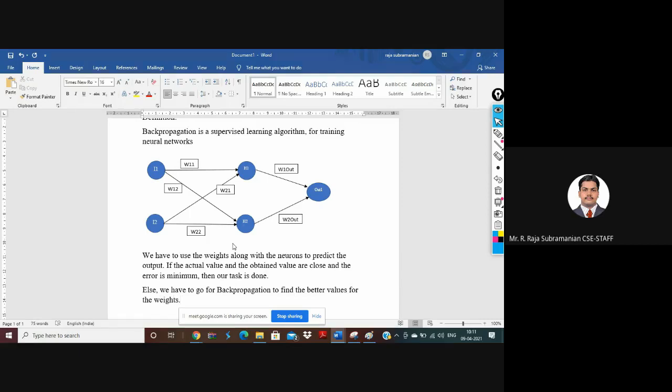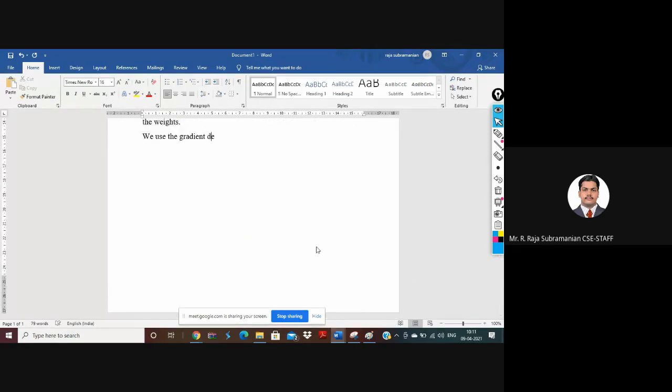Initially we'll be doing it. Then how can I find the better value? We use the gradient descent mechanism to understand how the weights actually differ, to find the global minimum error amongst several iterations, which in a neural network model we call epochs.